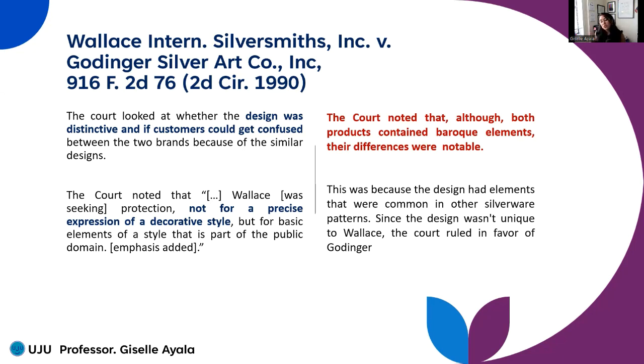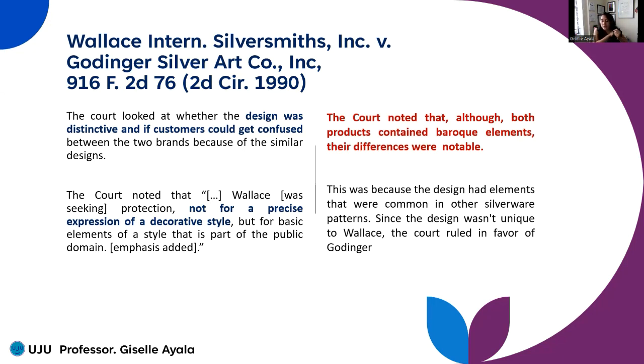And the court also noted that, again, the intended protection was too broad, saying Wallace's protection is not for a precise expression of decorative style, but for basic elements of a style that is part of the public domain. So the court said, your language and your purpose is too broad. We would be harming the market if you're the only one allowed to actually manufacture or produce silverware in Baroque style. Therefore, the court sided with the defendant, and there was no protection for the plaintiff.